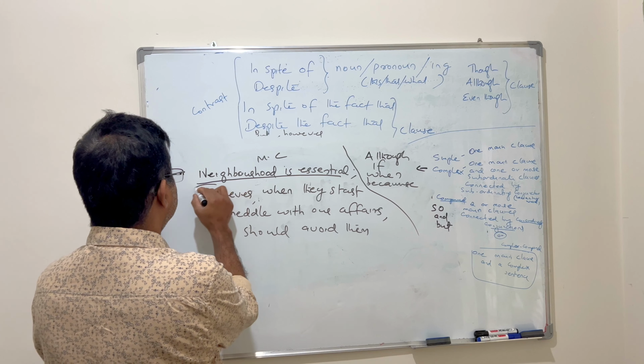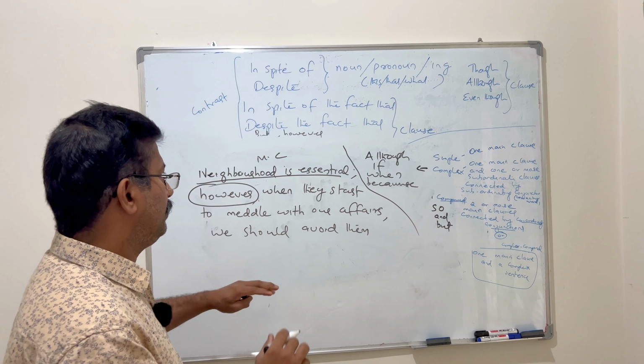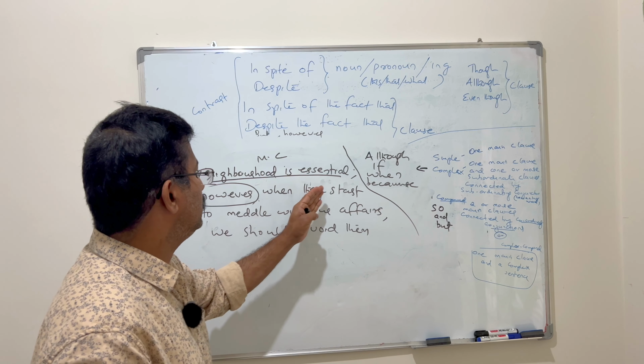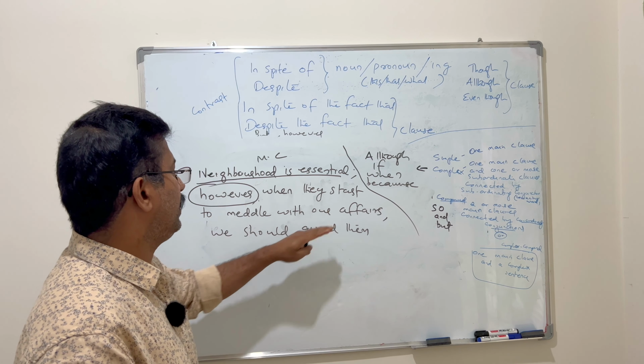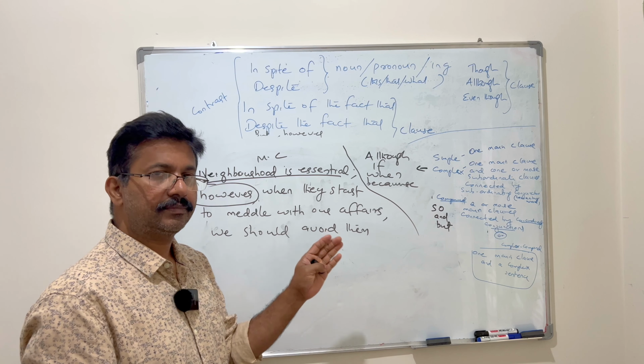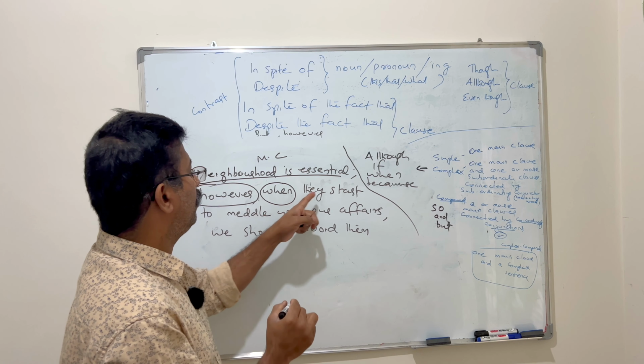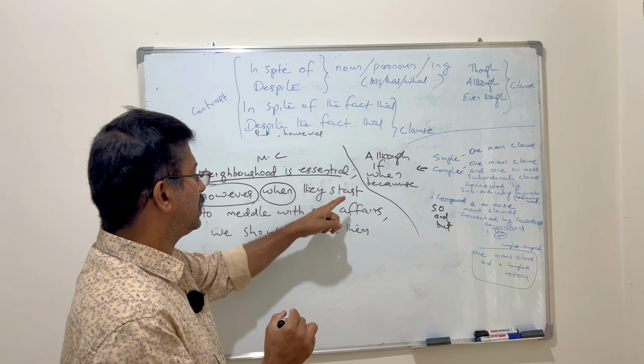Then there is however, just leave it for some time. Then "when they start to meddle with our affairs" is definitely a subordinate clause, because we have written when just before they start. It is incomplete in meaning. And "we should avoid them" is one main clause.